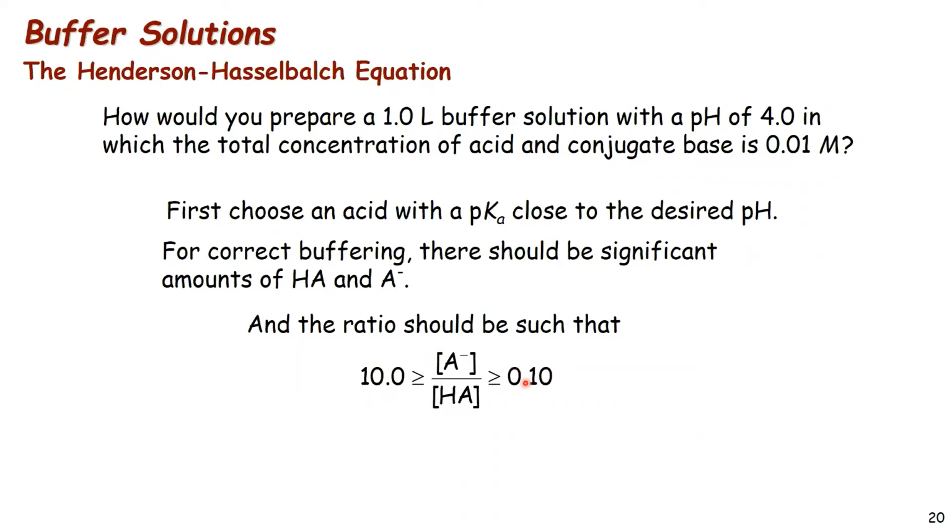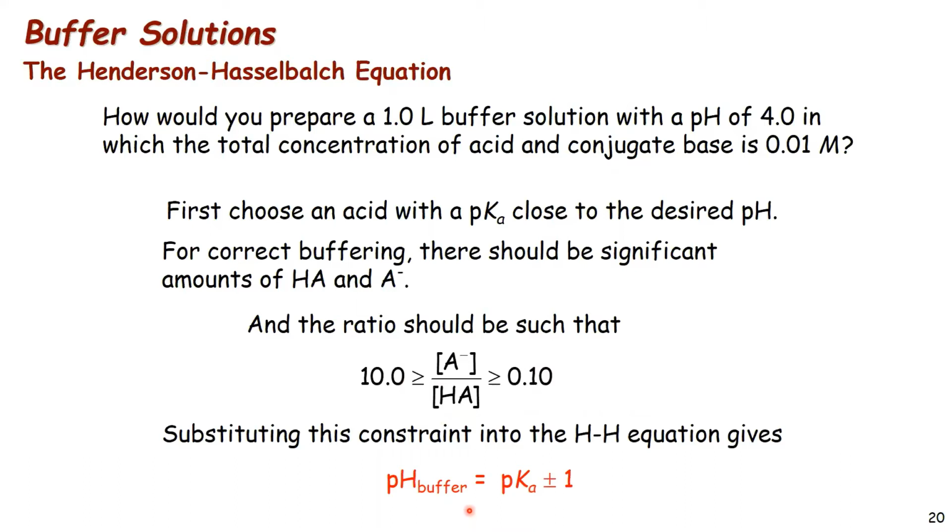So this would be a difference of plus or minus 1 pH unit. So that's what we're going to look for: a pKa that is within plus or minus 1 of our desired pH of the buffer. Again, let me repeat that. We're going to look for an acid with a pKa that's within plus or minus 1 of the desired pH of the buffer.